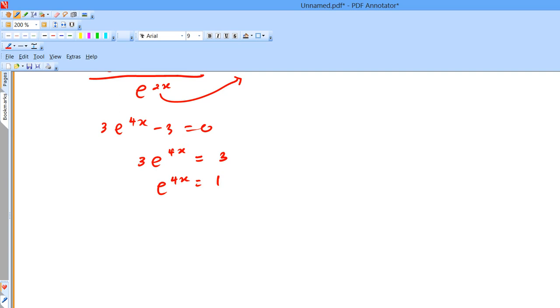And then we can solve this. Just apply ln, so ln e power of 4x equal to ln 1.